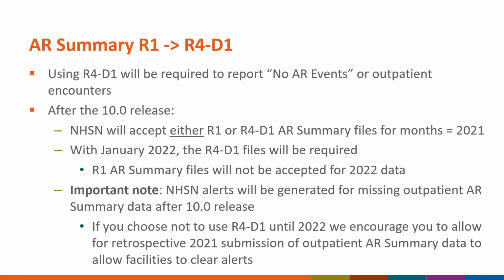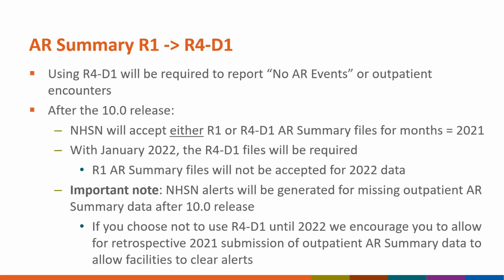One thing I wanted to stress is that NHSN will begin generating missing AR summary alerts for outpatient locations beginning with the 10.0 release. This means that if facilities have these outpatient locations in their monthly reporting plan with the AR option box checked, they'll receive an alert on their NHSN home screen that the associated AR summary record for the outpatient location has not yet been submitted.